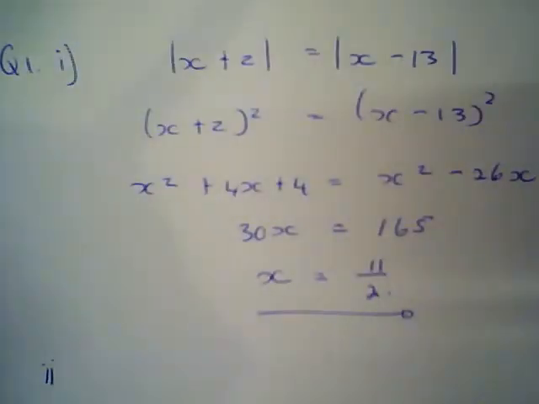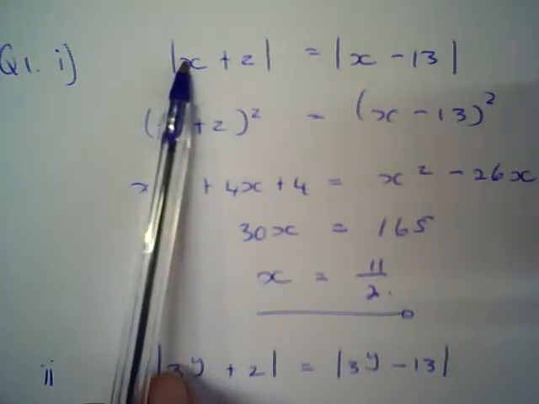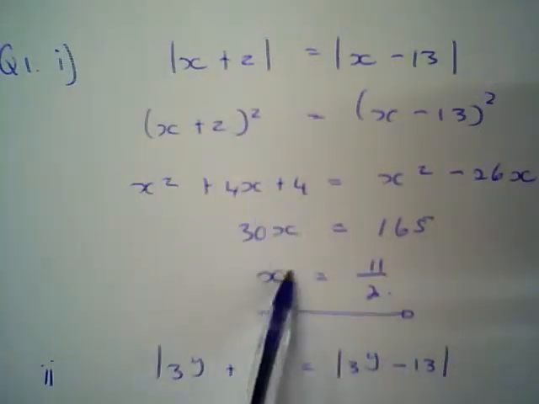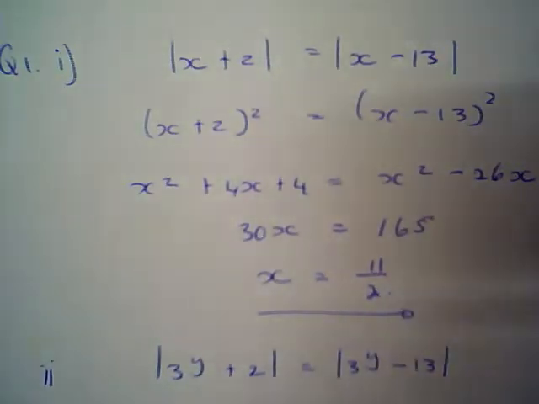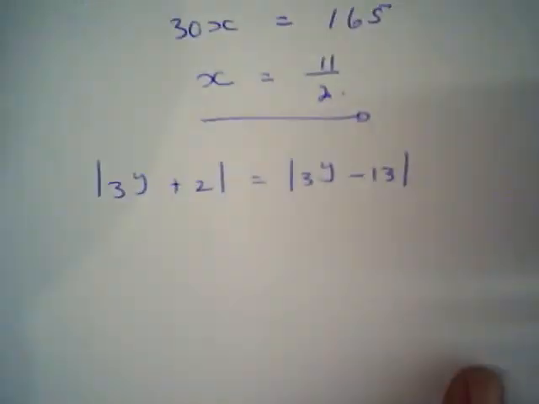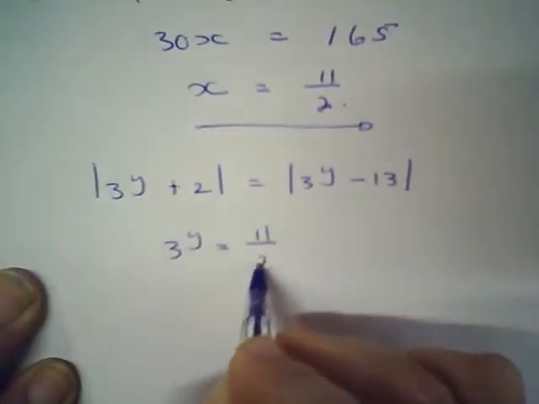So we can see that 3 to the power y is in the place of an x here. Thus, I can use this answer of x and set it equal. So we know that 3 to the power y would be equal to 11 over 2.